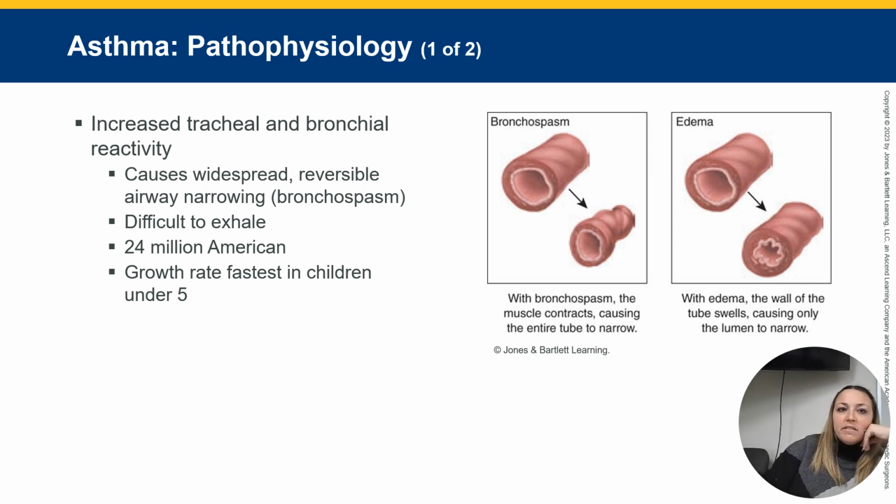But asthma overall affects 24 million people in America. And as we continue with better medical technology, and we consider we're doing more universal health care, we're having more and more people be diagnosed, and the growth rate is fastest in children under 5.